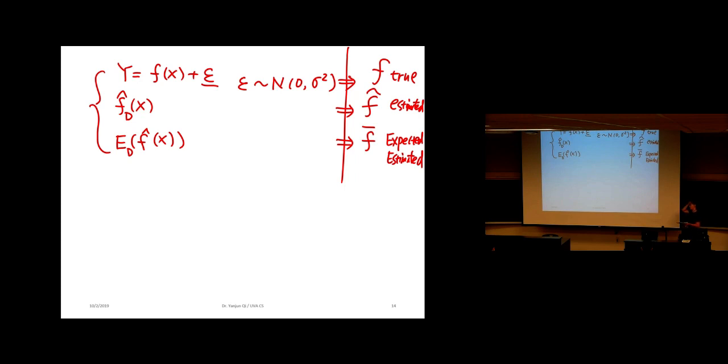Question about this? There are a lot of notations in the next slide, so why don't you first memorize this. The true model, the model estimated from a specific training data, and the expectation of that estimate, where the expectation is over the randomness of the training data, the variations of the training data.